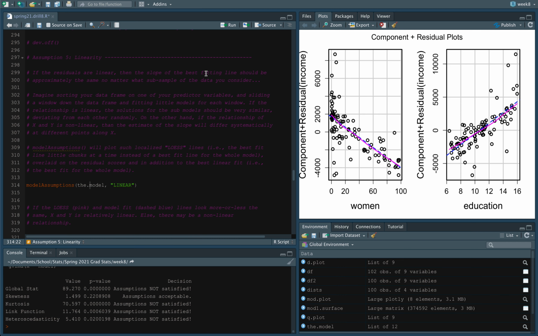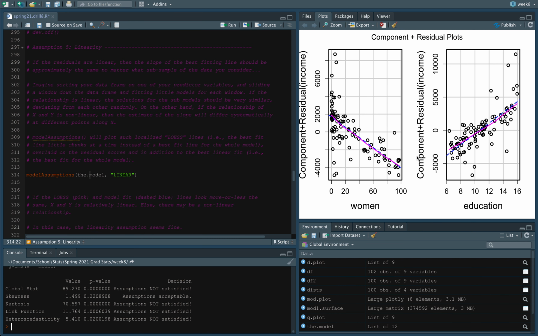So if you imagine, with this lowess line, that you took, for example, education values of 6 through 8 and plotted a regression line and put it in pink. And then just looked at 8 to 10 and plotted a regression line, and then 10 to 12 and plotted a regression line.